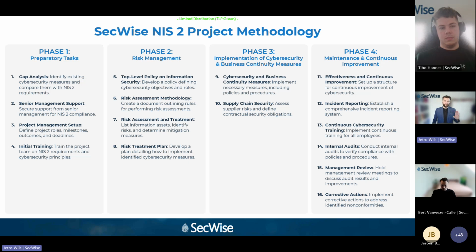When we start NIS2, there is first a preparation phase. Then there is the risk management phase. Then there is the phase of effectively implementing and improving business continuity and cybersecurity. And then the last phase is maintenance and continuous improvement, right? And then we have these 16 activities across these four phases that you have to work on, right?